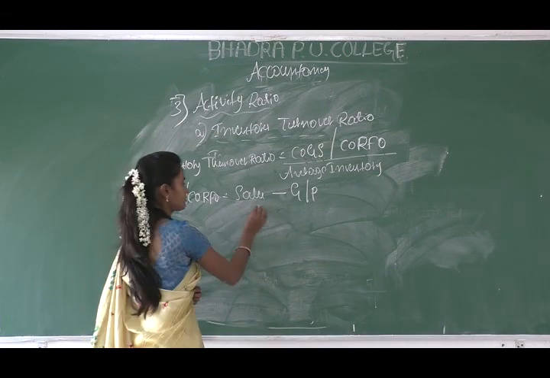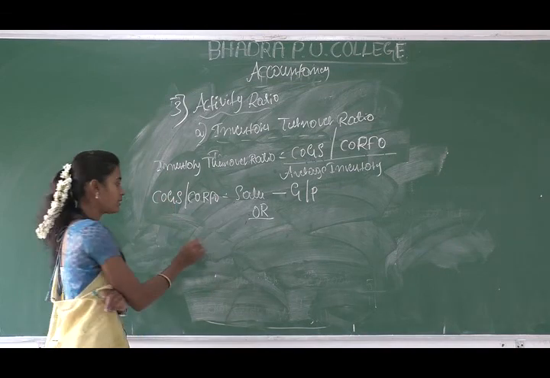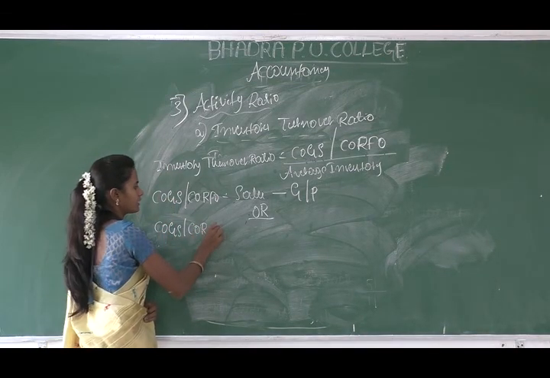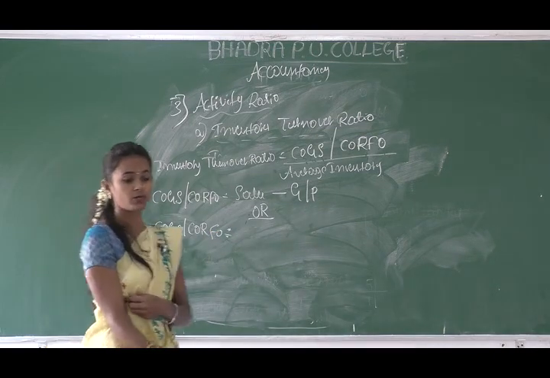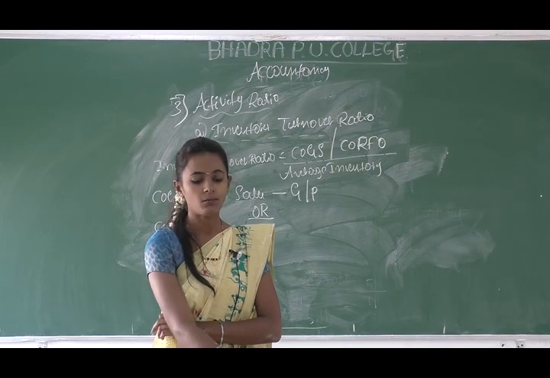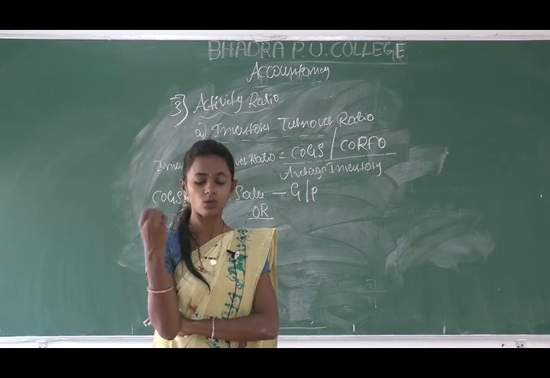Or we have one more formula to calculate COGS or CORFO, that is opening inventory plus purchases plus direct expenses minus closing inventory.